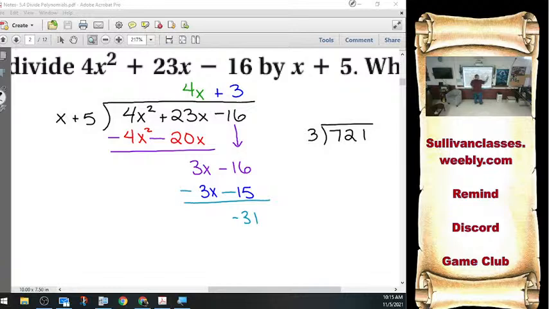So 7 divided by 3 is 2. 2 times 3 is 6. Subtract, get 1, drop 2. 12 divided by 3 is 4. 4 times 3 is 12. Subtract, getting 0. Drop the 1. 1 divided by 3. Uh-oh, it doesn't work. Stop. What's 24 times 3?